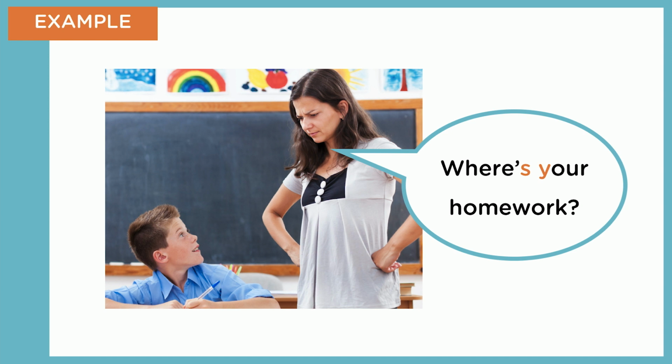But here, we're adding this j. Where's your? Where's your homework? It sounds French. Does indeed, du jour. But indeed, in English, we've got this inclusion of this sound, and it will make a big difference if you use it. Where's your homework? Sounds so natural. Nice.